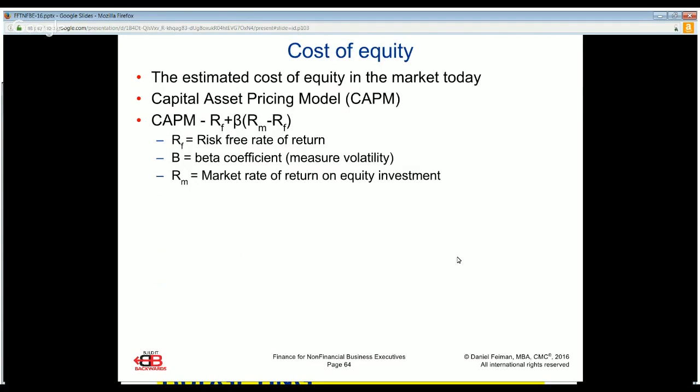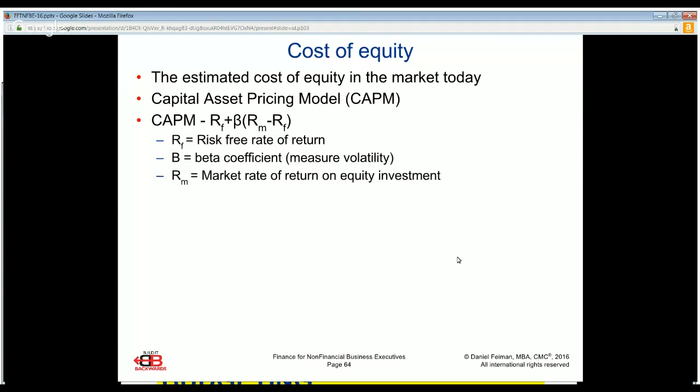So if we're talking about a listed or public company, then again, the beta measures the volatility. That's why it's a multiplier there. The next quantity, R sub M, is: what is the rate of return that the typical investor wants? What's the rate of return on the average equity investment? Let's say that's 13%.